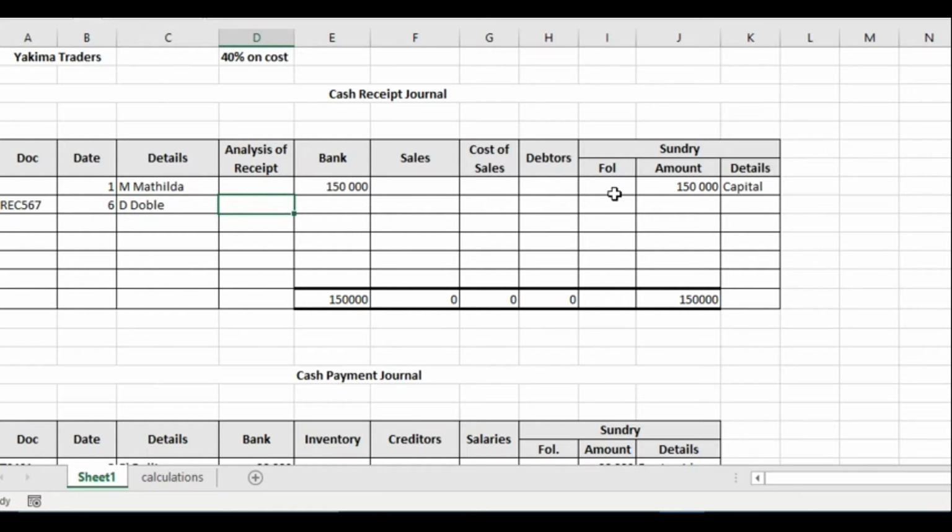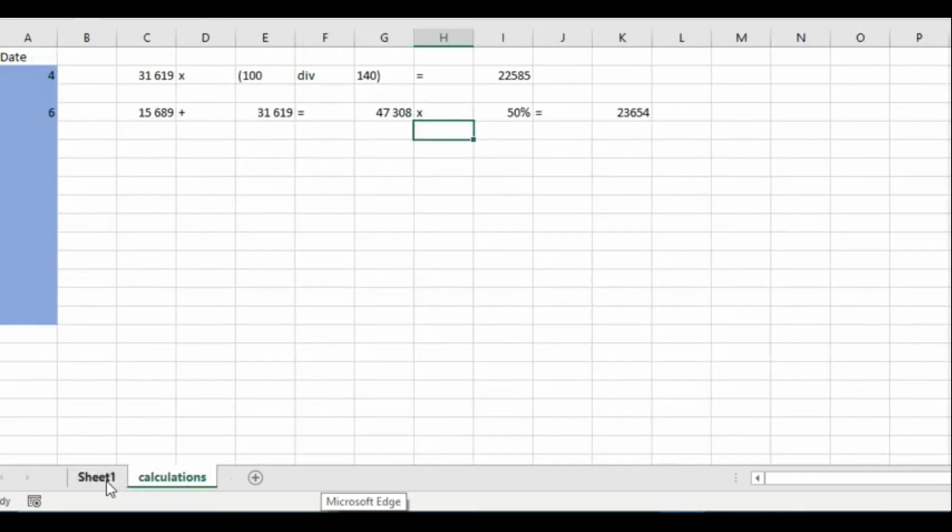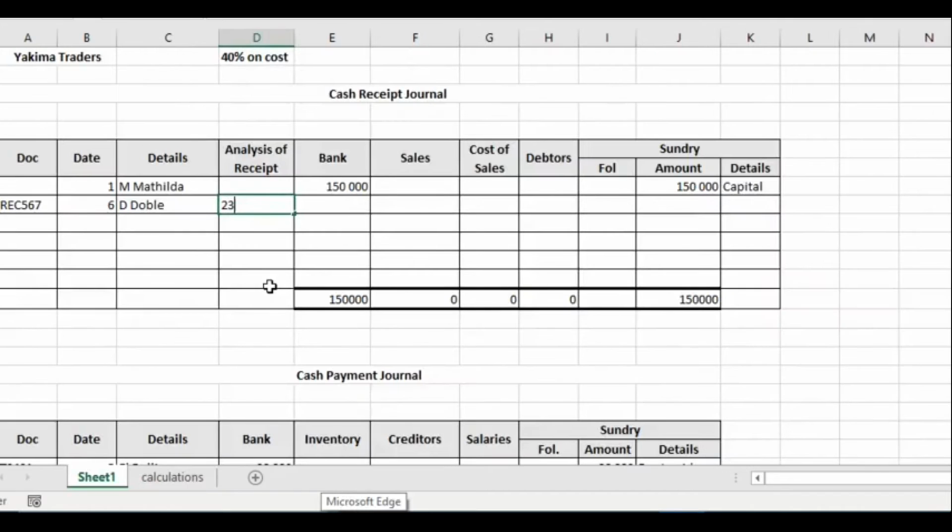Then our analysis of receipt is going to be amount 23,654. Our bank 23,654. And our debtors 23,654. There we go. So that's how our table looks like so far.